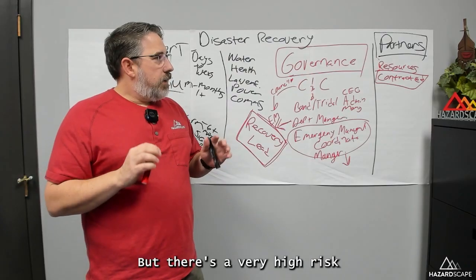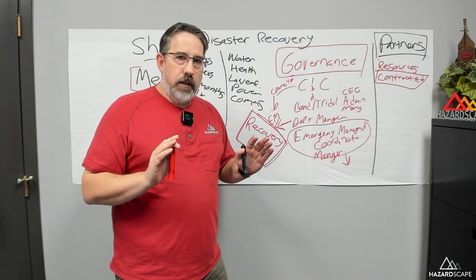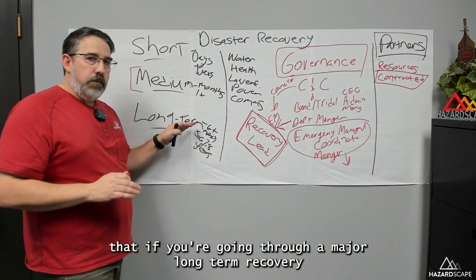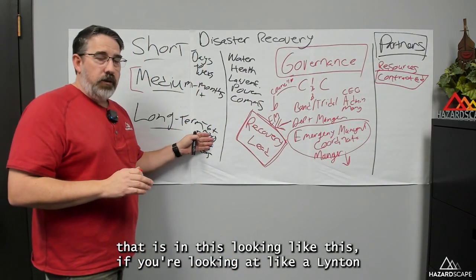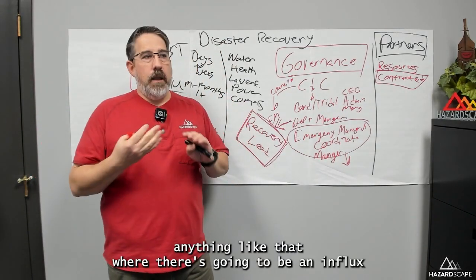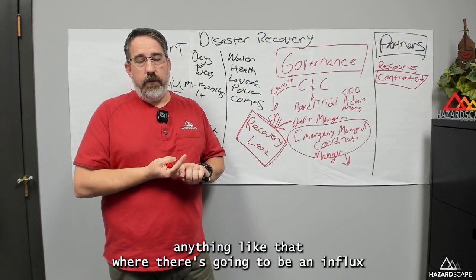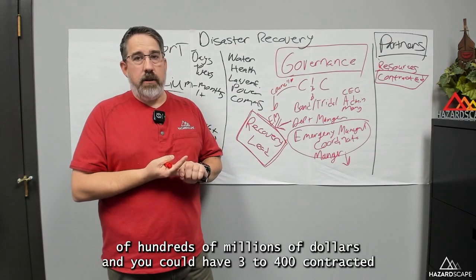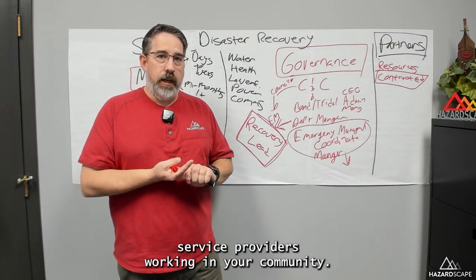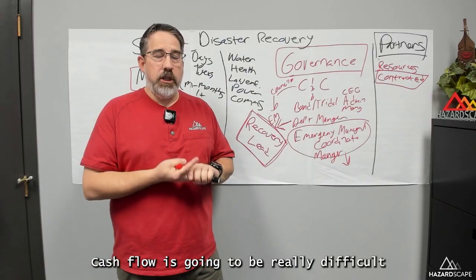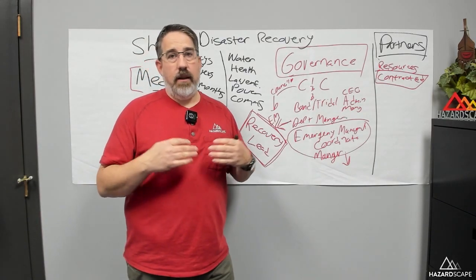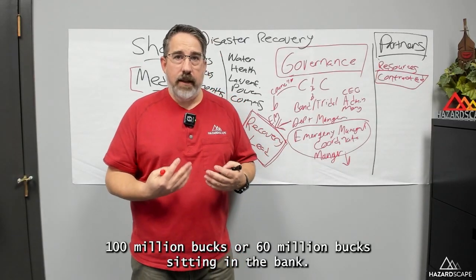But there's a very high risk that if you're going through a major long-term recovery, if you're looking at like a Lytton First Nation rebuild, Little Red River Cree Nation rebuild, anything like that where there's going to be an influx of hundreds of millions of dollars, and you could have 300 to 400 contracted service providers working in your community, cash flow is going to be really difficult unless your nation has $100 million or $60 million sitting in the bank.